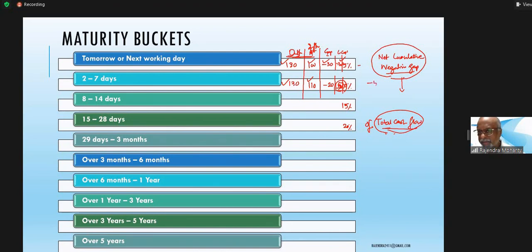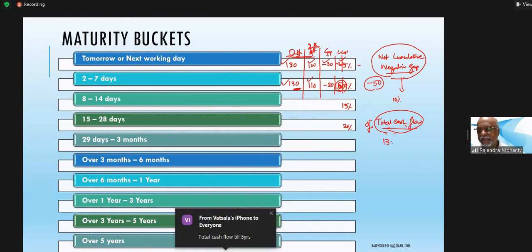Now this cumulative gap of 50, according to this second time band, should not exceed 10% of the total cash flow. Total cash flow is how much? 130. So 130, 10% is 13.